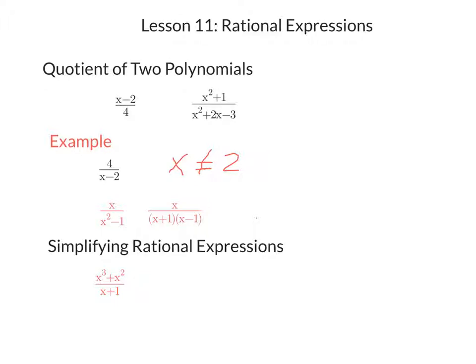Let's factor the numerator and see if we have any common factors with the denominator. If we factor the numerator, we get x squared times (x plus 1) over (x plus 1). Notice we have x plus 1 and x plus 1 as common factors, so we can cancel these out, and our final answer for simplifying this expression is x squared.